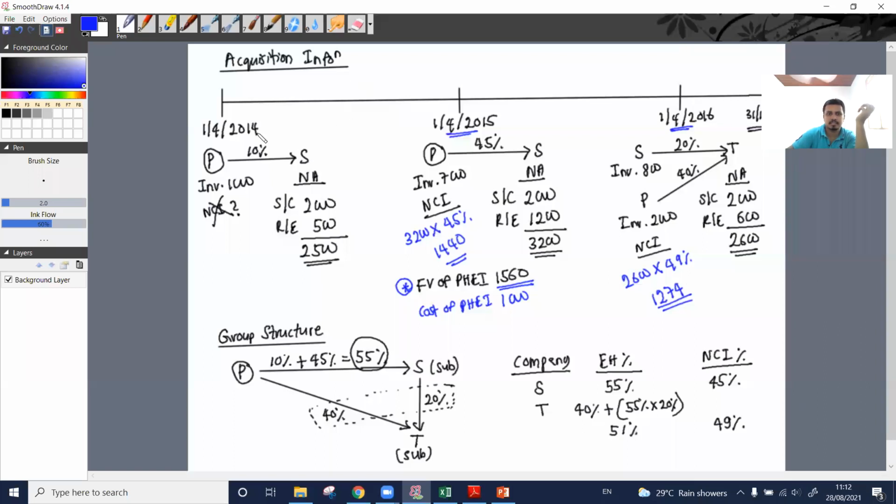S has become a subsidiary from 1st of April 2015 onwards, and T from 1st of April 2016 onwards. On the date where it becomes a subsidiary for us, we should know the fair value of identifiable net assets for both these companies. The same thing which we have discussed again and again.